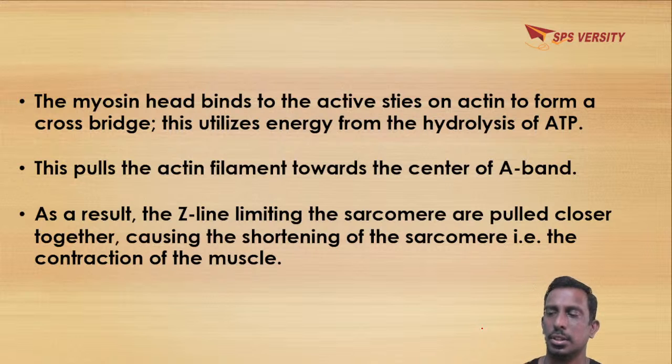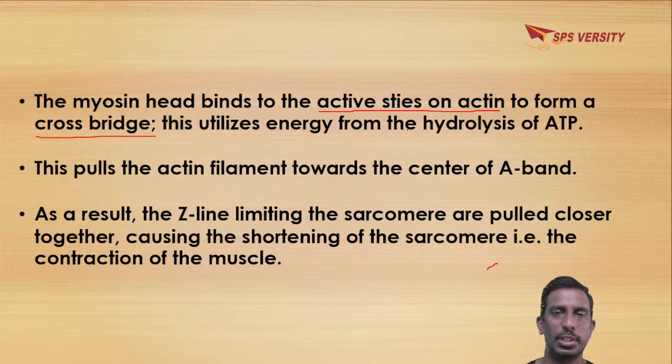When the active site is unmasked, the myosin head binds to the active sites on actin to form a cross bridge.